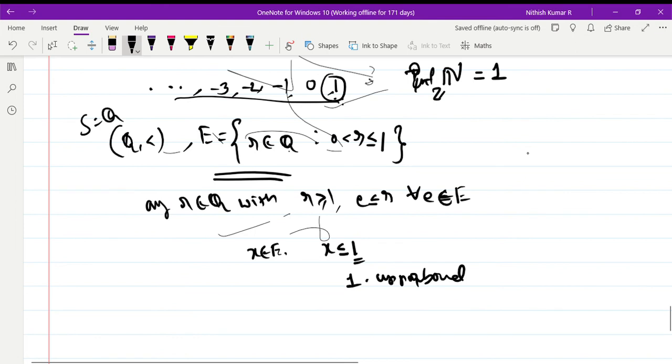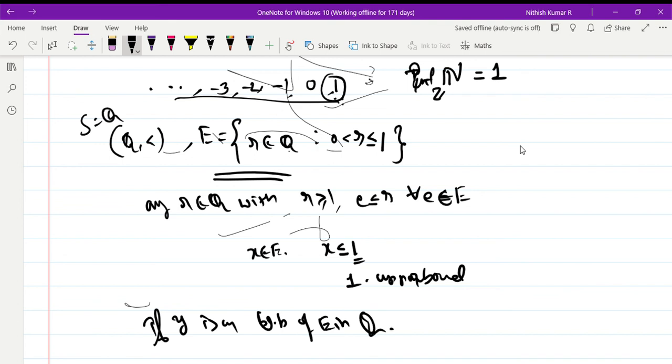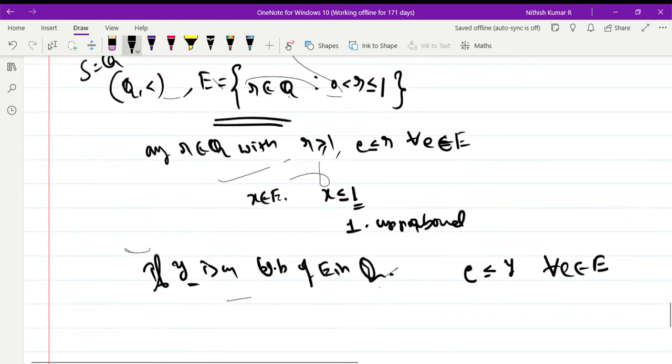Now, if y is any upper bound of E in Q, then this y must be greater than or equal to every element of E. Now if you observe, 1 is also an element of E, because 1 is a rational number between 0 and 1, including 1.